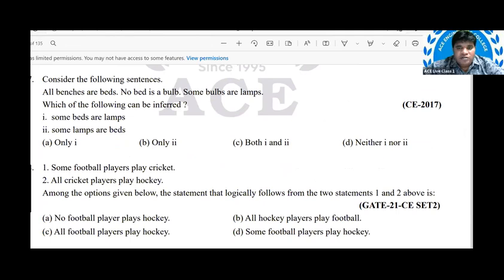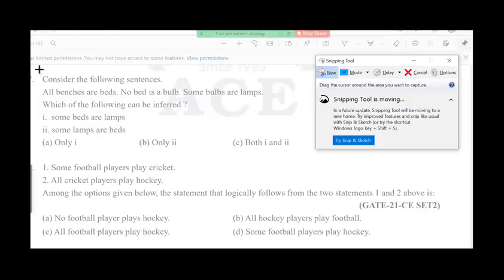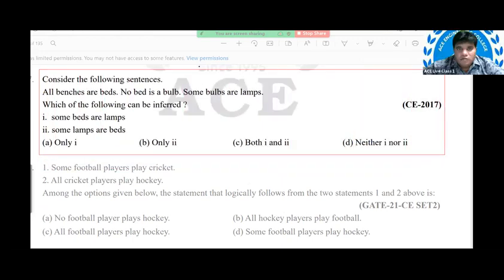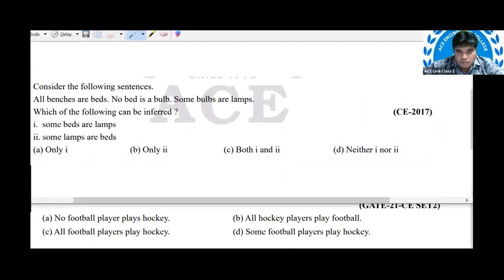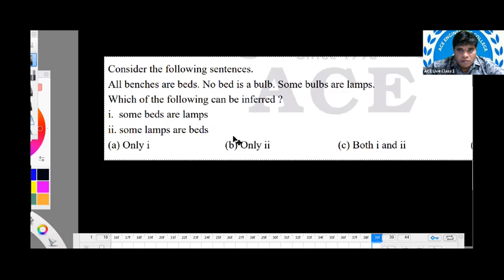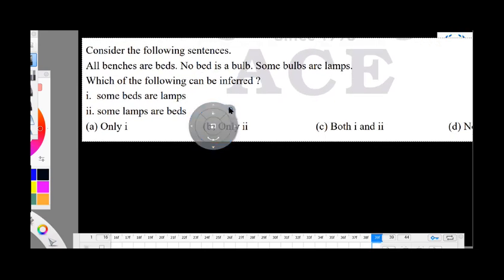Gate question point of view, options they will give. Okay, you don't worry about options. Okay. Thank you, sir.